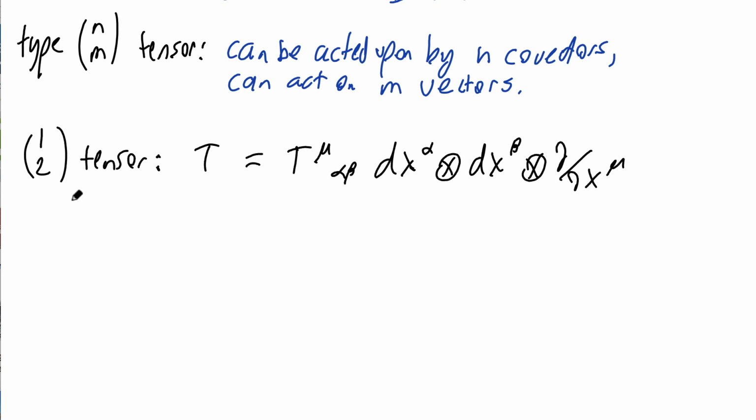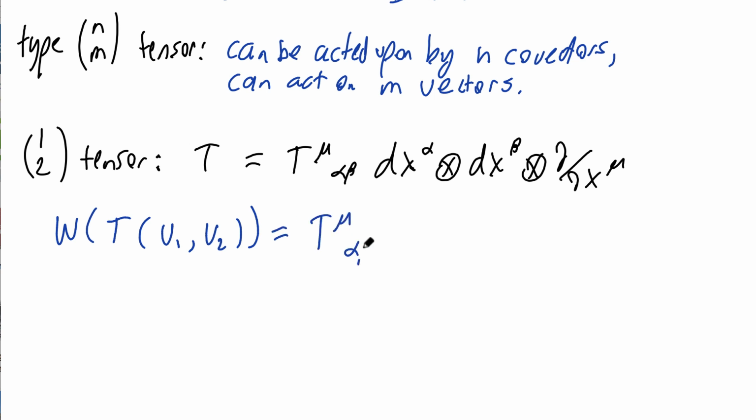This tensor can be acted upon by one covector and it can act on two vectors. So let's denote the covector by W, so that can act on T, which can act on two vectors. Let's call them V1 and V2. So this is T mu alpha beta. V1 is acted upon by dx alpha.